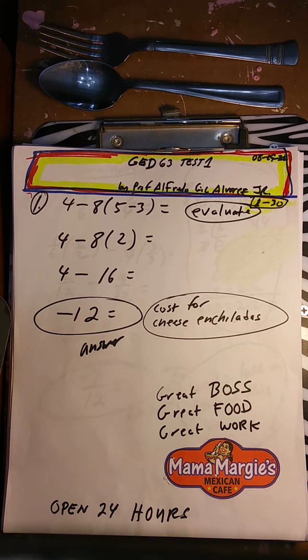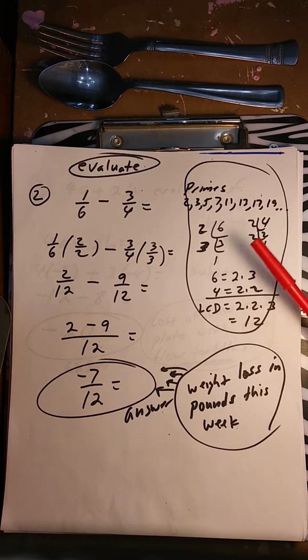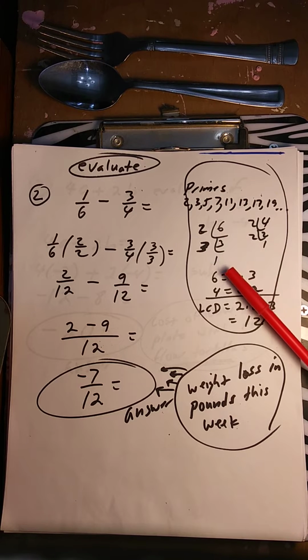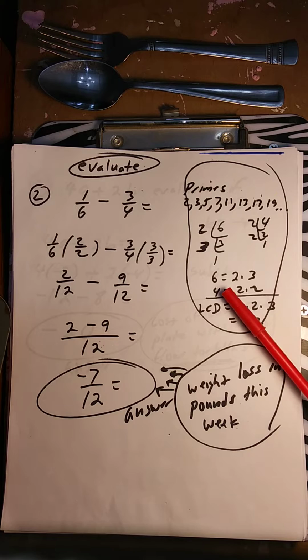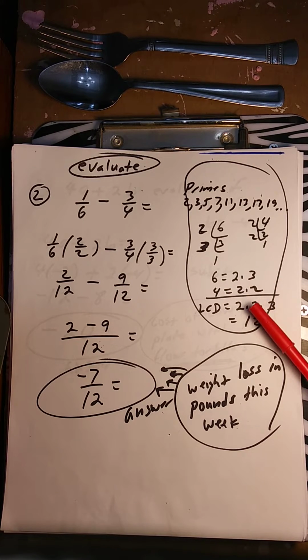All right, next question. Evaluate these two fractions. Let's subtract them. First of all, they don't have the same denominator, so let's make them have that. Prime numbers right there. 2 divides this, 3 divides this, so 6 is 2 times 3. 2 divides 4, 2 divides that, so 4 is 2 times 2. So now the LCD is the most in any row. I have 2, 2, and a 3. 2 times 2 is 4, times 3 is 12.